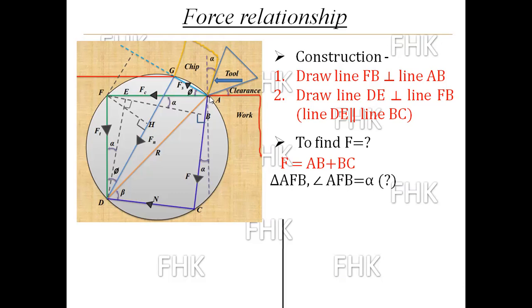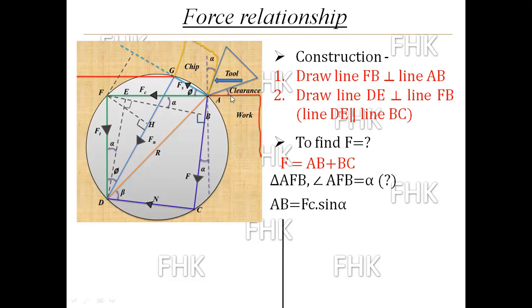For that, I'm considering the triangle AFB to find AB. In this triangle, angle ABF is 90 degrees, and this angle is alpha. So I am using the sine rule here.